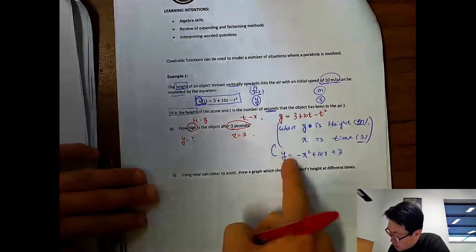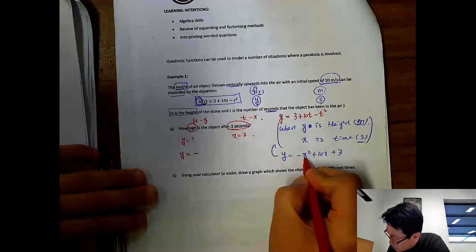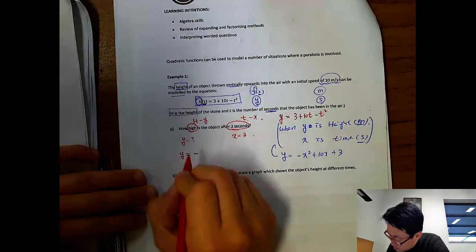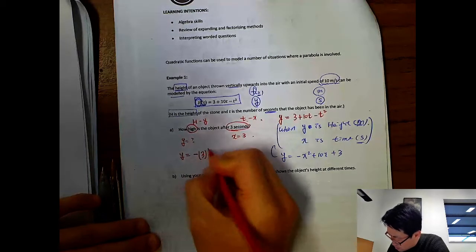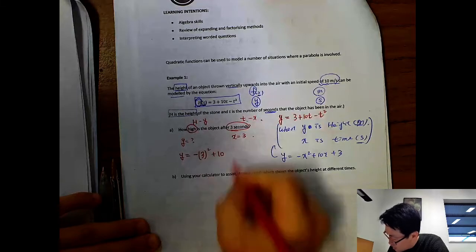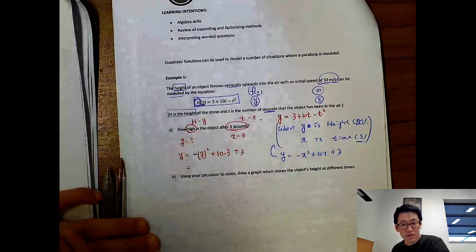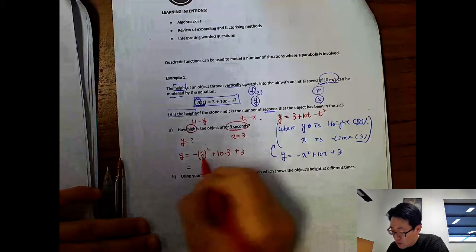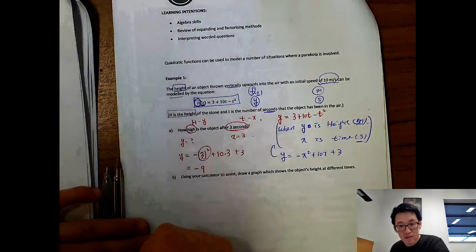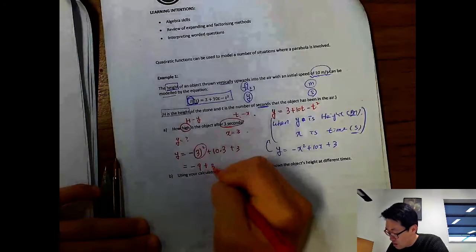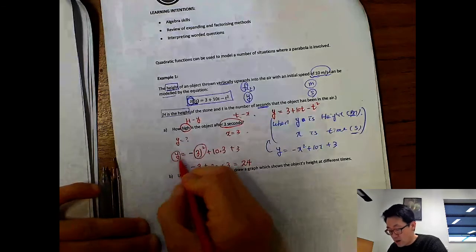From here, y equals minus x squared, so minus, where is x? 3 seconds, 3 squared, plus 10 times 3 seconds, plus 3. You guys happy so far? And we're doing the bracket first. 3 times 3 is 9, minus 9, plus 10 times 3, 30, plus 3. Therefore, we got 24. y equals 24.